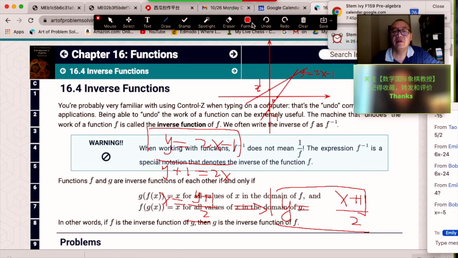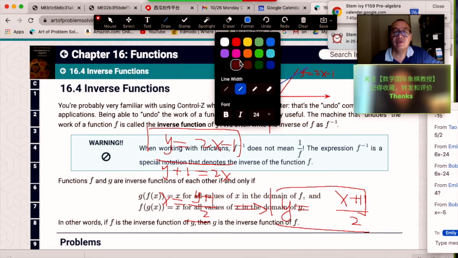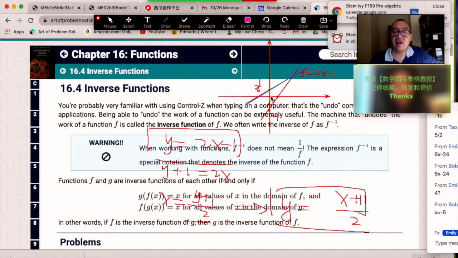Now I can change the color. You can see this function is like this. Now let's draw the line y equals x, here. What do you see?